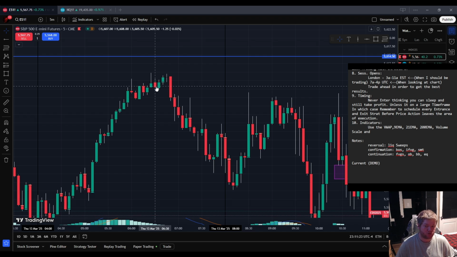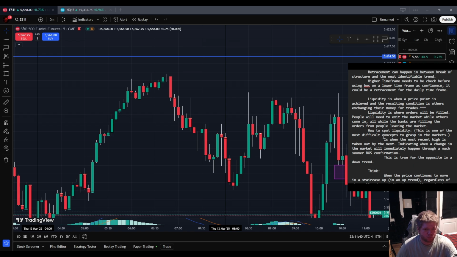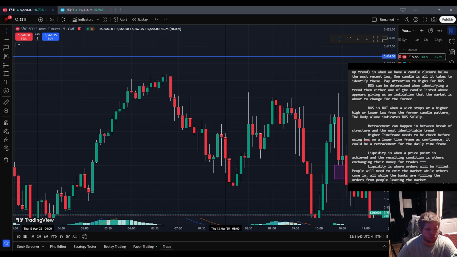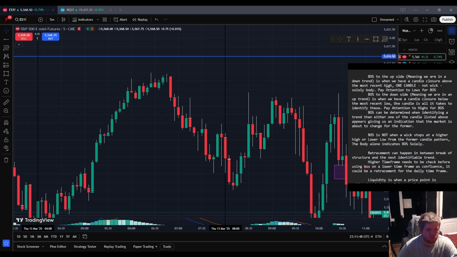Breaks of structure happen just before liquidity sweeps.